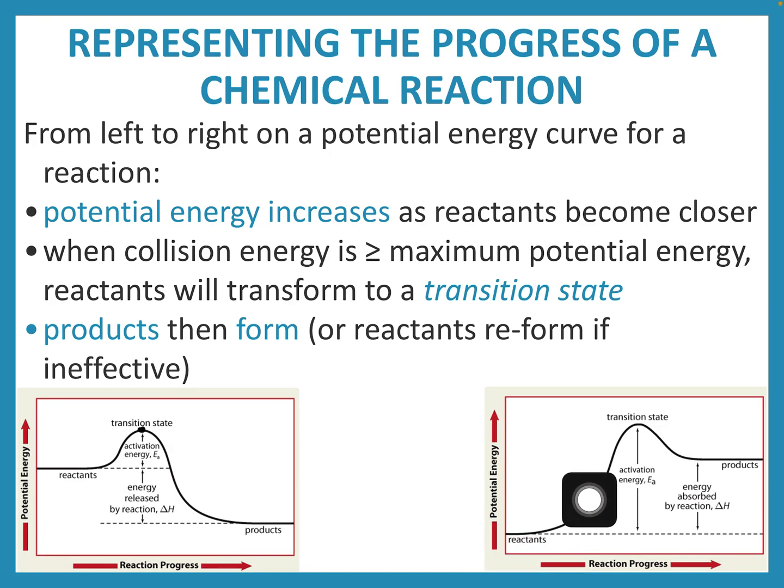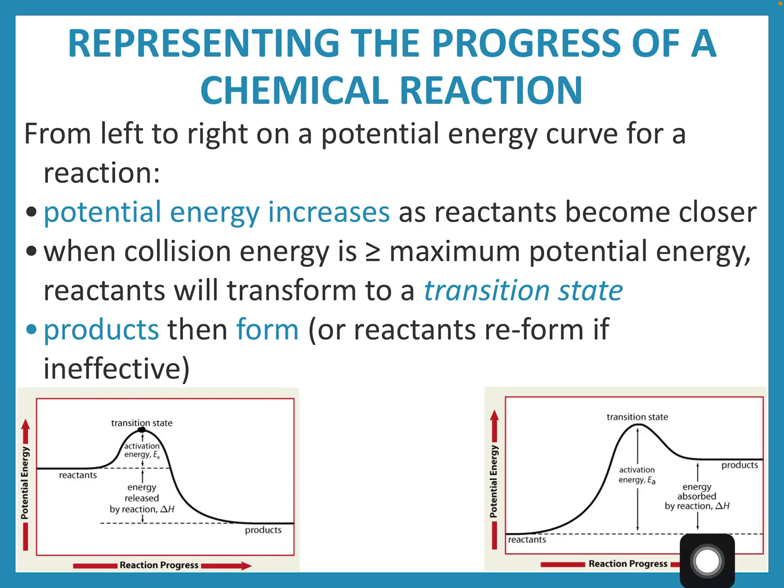We still have a transition state, which is higher in energy than either the reactants or the products. In this case, the activation energy is from the energy level of the reactants all the way up to the transition state. This is also from reactants up to the transition state, but it's only a little bit above reactants because reactants are above products. Whereas here we have from down here all the way up to the transition state.